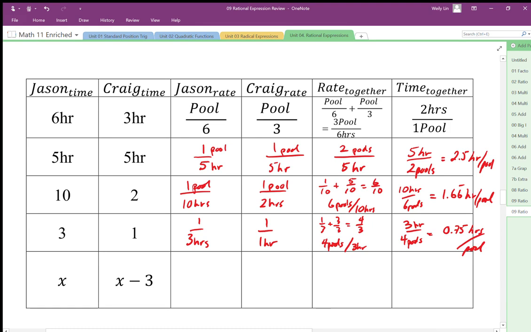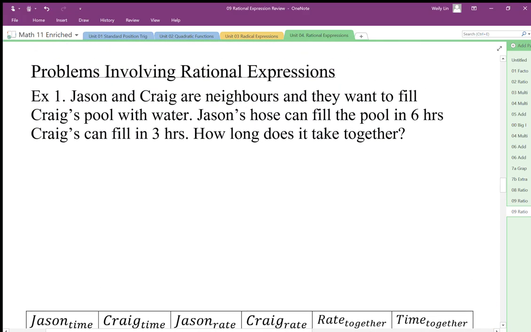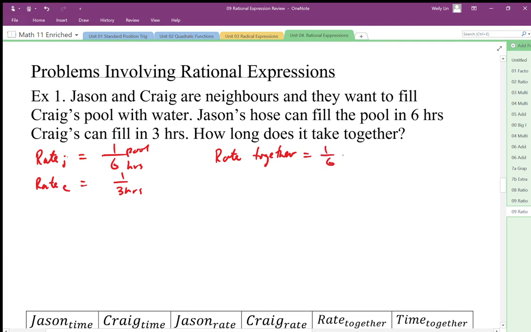So we can see the problem that we had, and we'll solve it this way. We're going to do our rate. Rate of Jason is 1 pool in 6 hours. Rate of Craig is 1 pool in 3 hours. Rate together is equal to 1 over 6 plus 1 over 3.